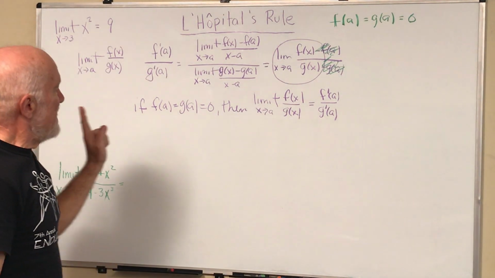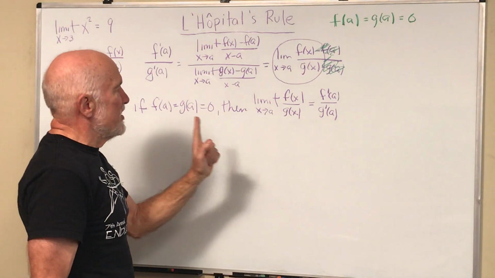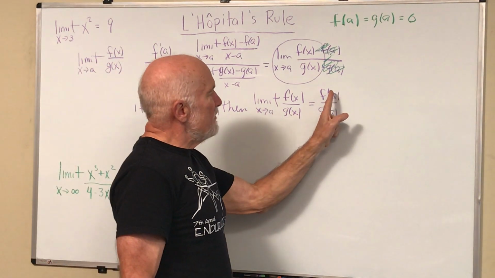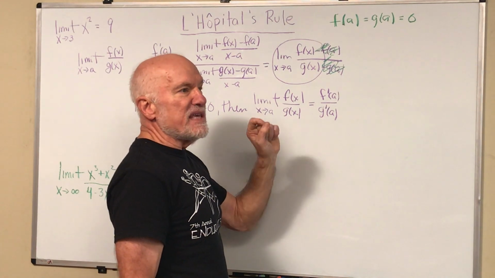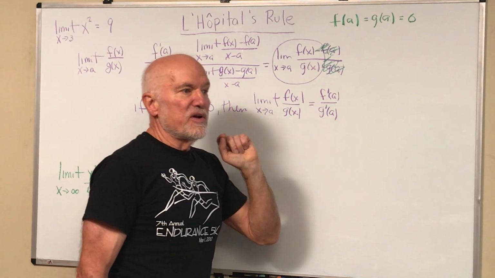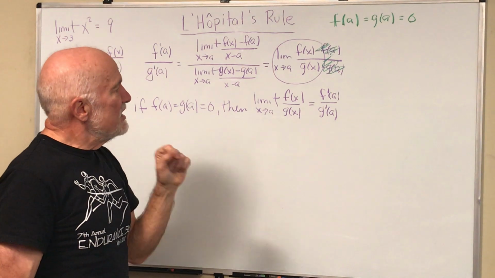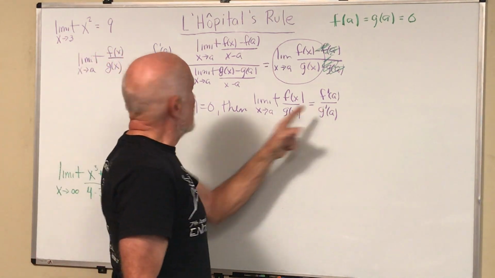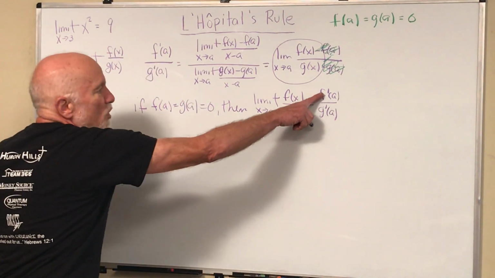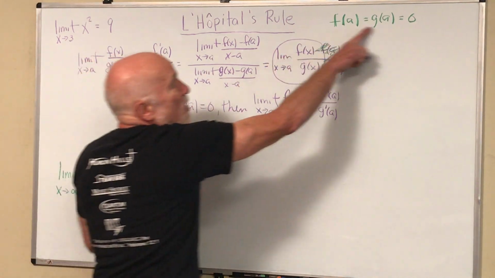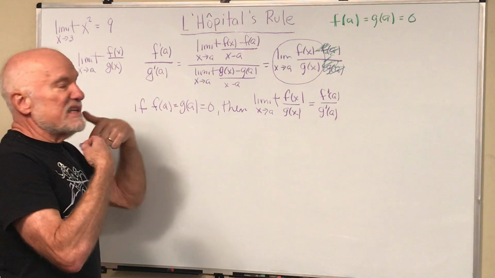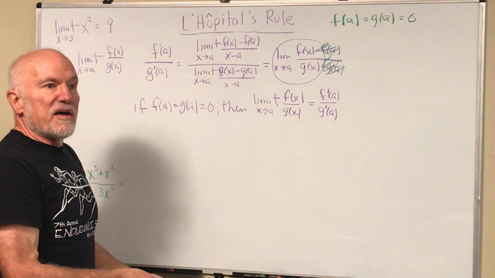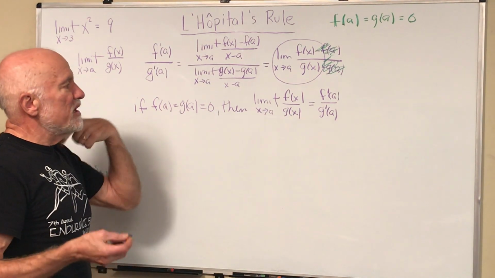So, to make it a slight bit stronger, what happens if f prime of a and g prime of a still turn out to be 0 over 0? Then what we do is just do it over again. Since they both would be functions and they both would satisfy this, we could take the derivatives and use L'Hopital's rule again.